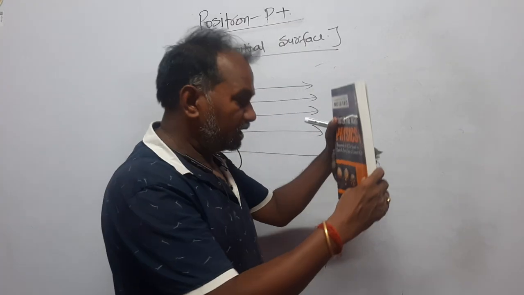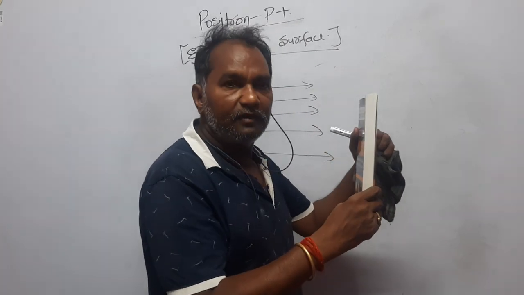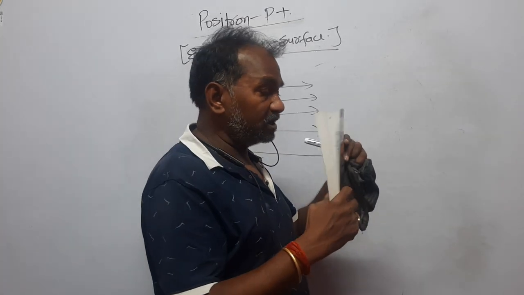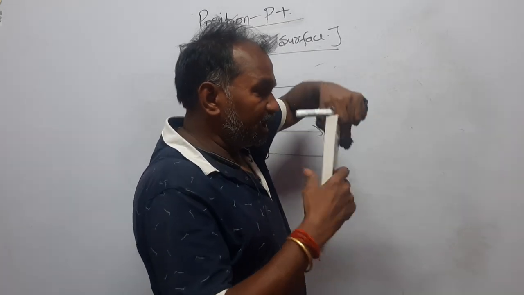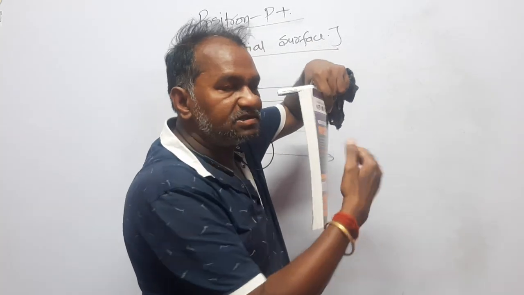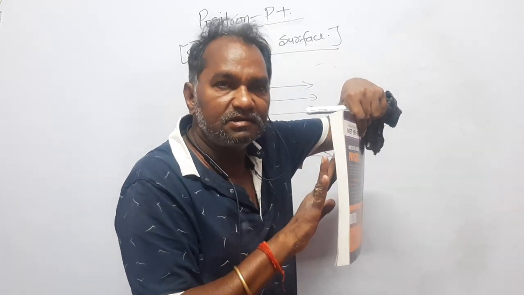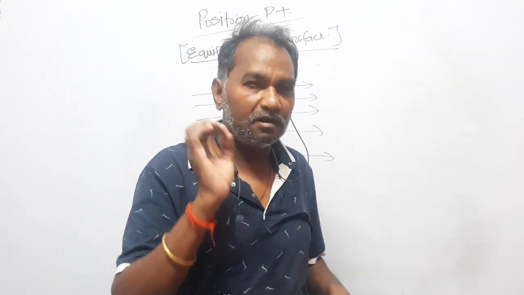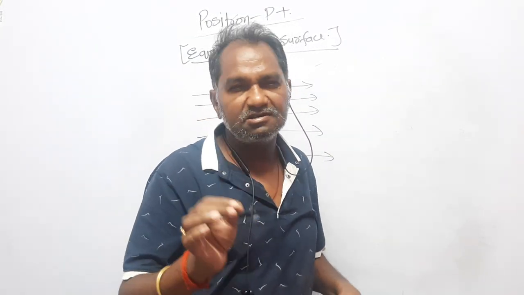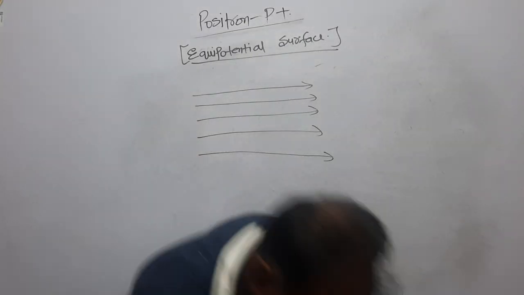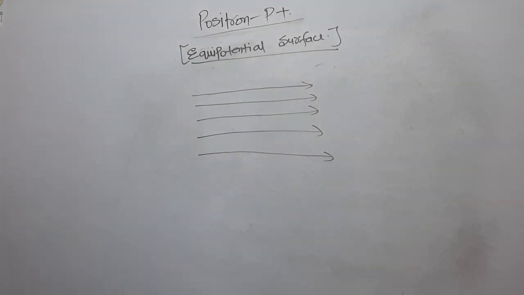Any plane in the way of the field lines will be an equipotential surface, and the field lines will intersect it normally. The field line incident on this surface will intersect it normally, as I told you initially, that a field line intersects the equipotential surface normally. So look here.